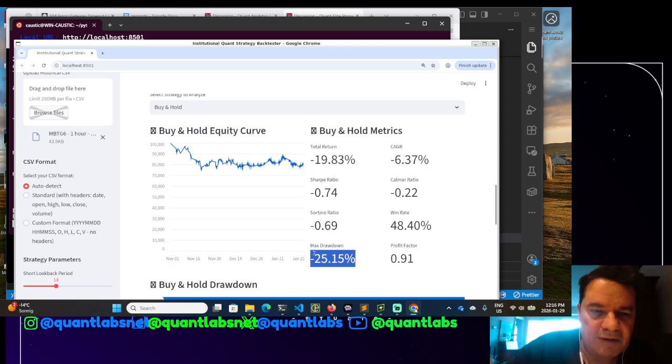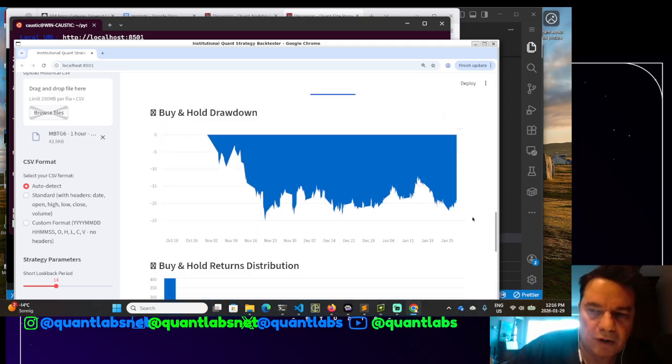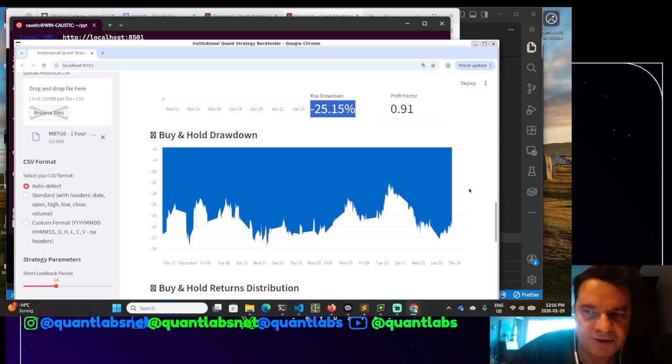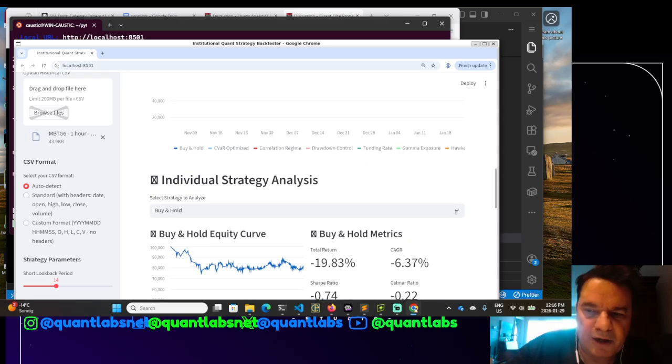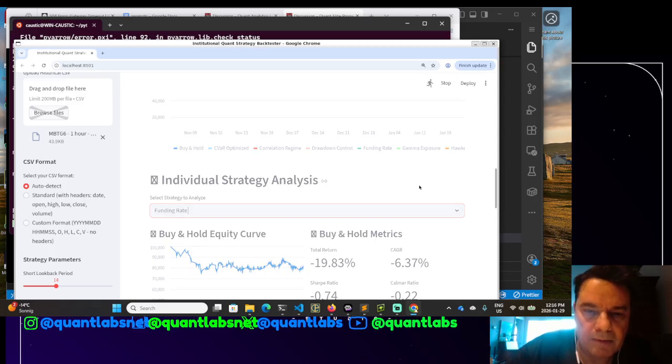You can see here it's 25. Oh, I'm sorry, this is on the buy and hold. I forgot about that. Here we get a visual representation of the overall performance on the buy and hold strategy for Bitcoin. Now if I pull up the best performing, the funding rate, let's see what it pulls up.